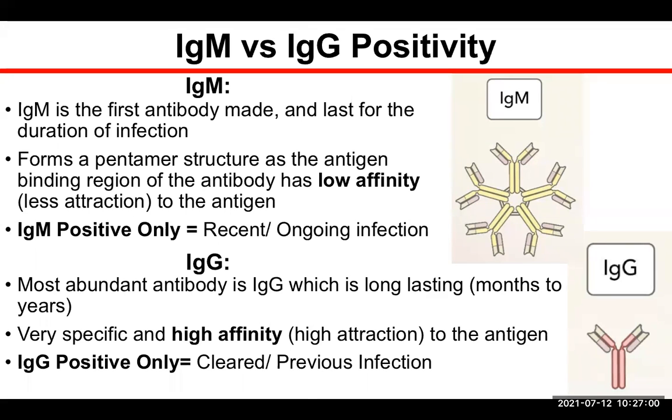It's specific in the sense that if we get infected with the virus, there are multiple structural proteins: the spike, the membrane, the envelope, and the nucleocapsid. Most of our immune response when we're fighting the virus will develop antibodies against all of those different parts, so you end up having antibodies for all of those different kinds of proteins.